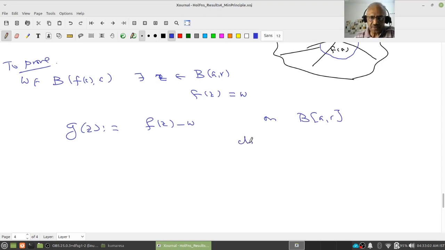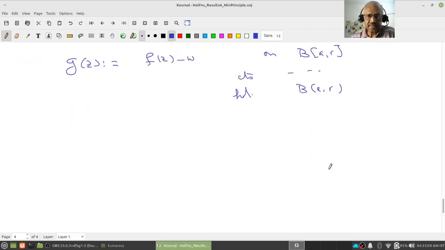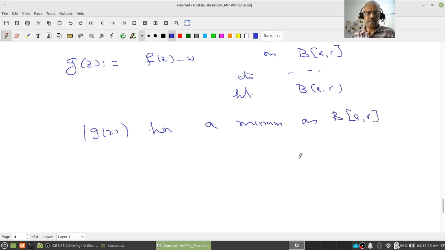This is continuous on the closed ball and holomorphic on the open ball, right? Since this is continuous, mod g(z) must have a minimum on the compact set. If the minimum is attained in the open ball, then by the minimum modulus principle it must be 0. Do you agree?